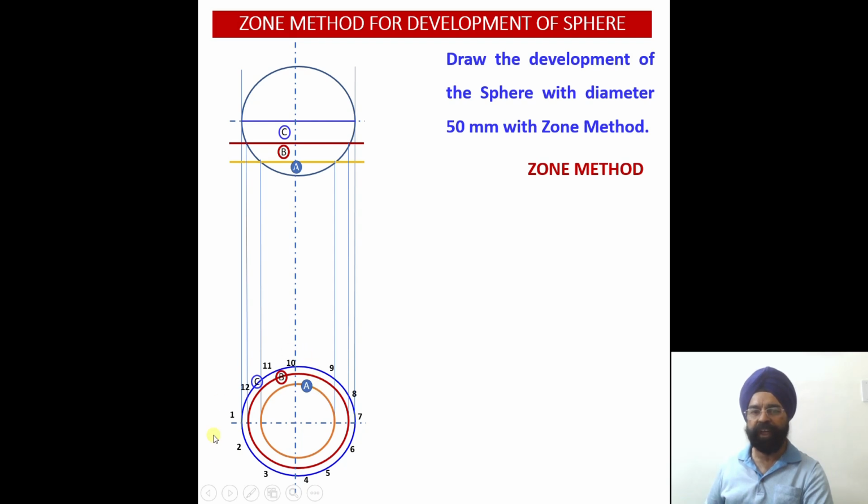Now you see, I am going to divide this top view into 12 equal parts. Once I divide it into 12 equal parts, you see I have got the numbering. Each sector is equal to 30 degrees. So these are the 12 portions in which I have divided. For the red circle, again, I have not shown the divisions because that will create confusion.